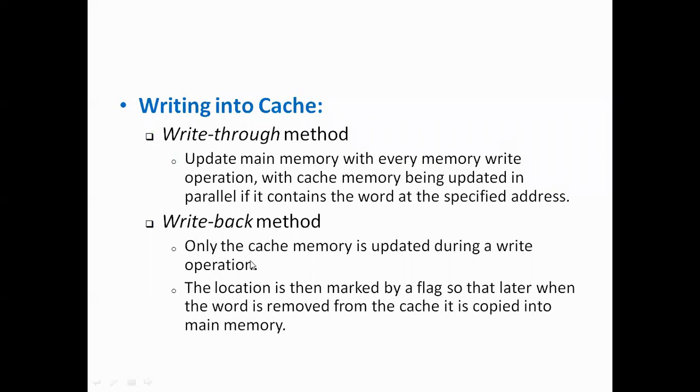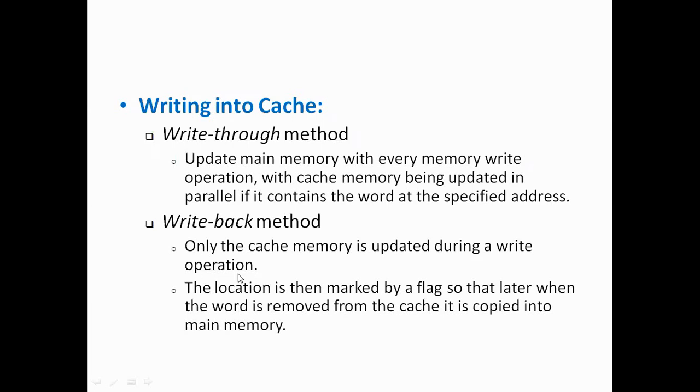What is that? Whenever the CPU wants to write a certain thing, if that is present in cache, the cache will be updated. So during that operation, only the cache will be updated.